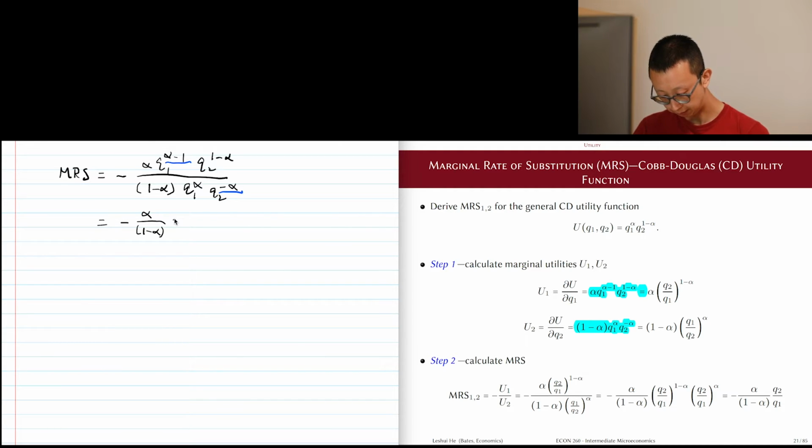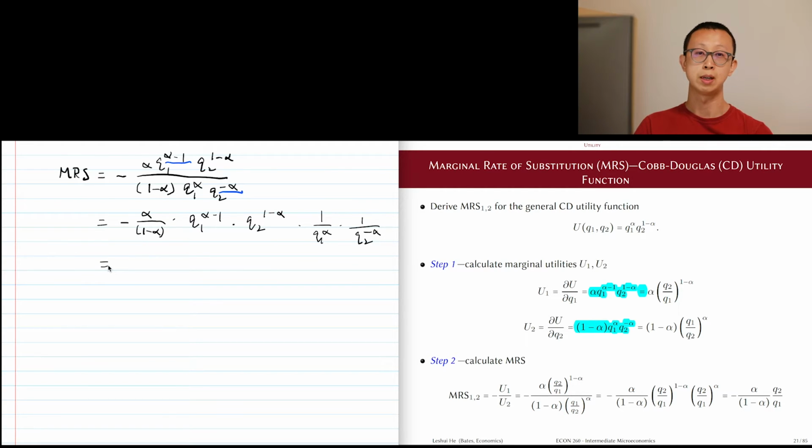So we're going to have q1 to the power of alpha minus 1 times q2 to the power of 1 minus alpha times 1 over q1 to the power of alpha times 1 over q2 to the power of minus alpha. And now we're going to try to figure out a way to get rid of negative powers and flip them into positives. And by doing that, we will be able to hopefully collect these terms of q1 and q2.